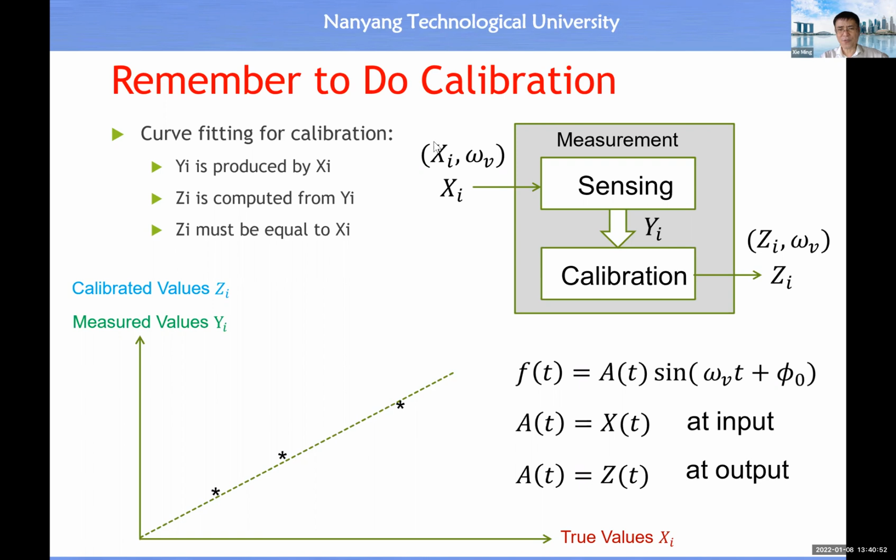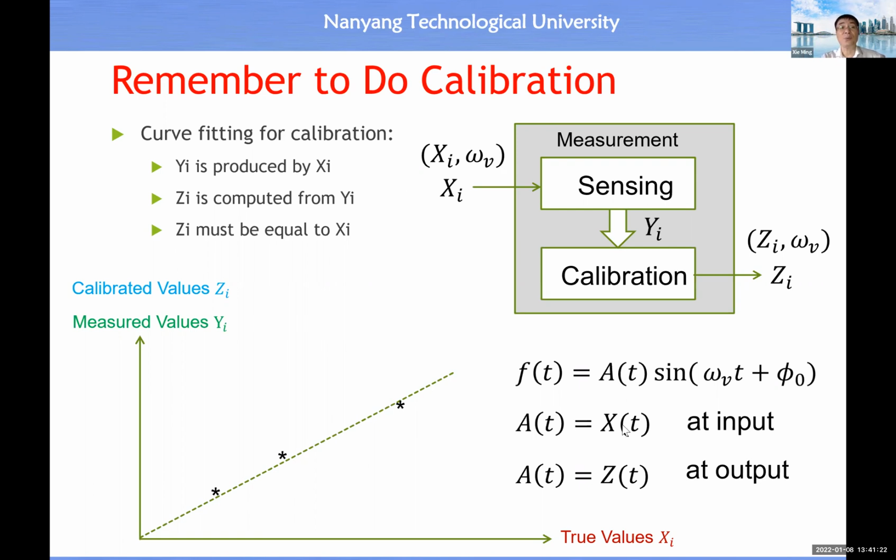If we know this reference, then we get the Y, then we need to find the equation which relates Z to X so that the output Z is exactly equal to the input X, and the X here refers to the amplitude. Because the sensor element will preserve the frequency, at the input side, A basically equals X as a time function.